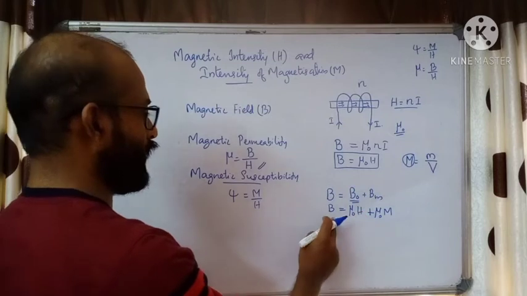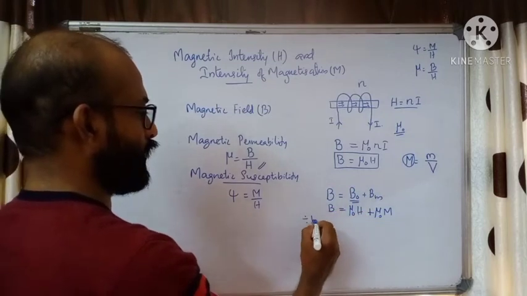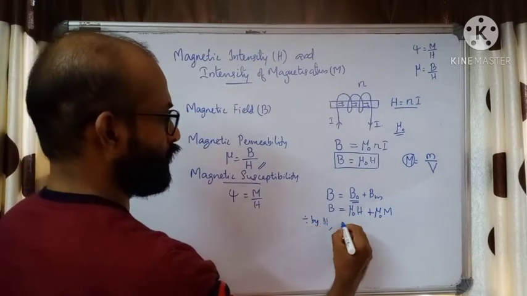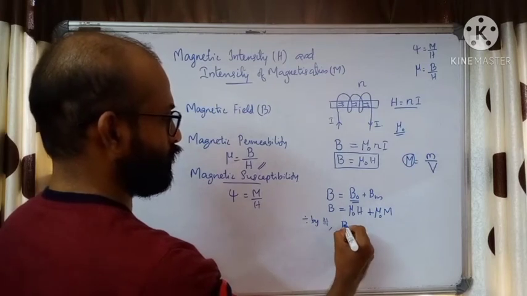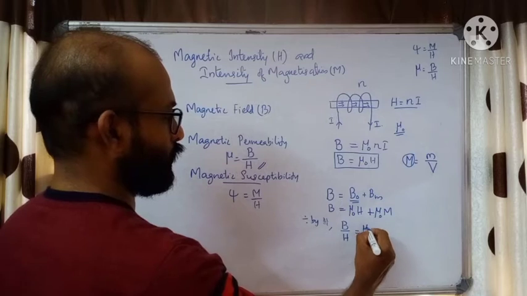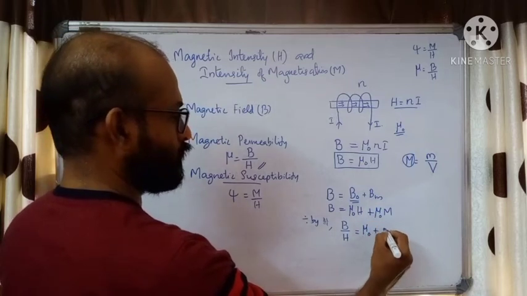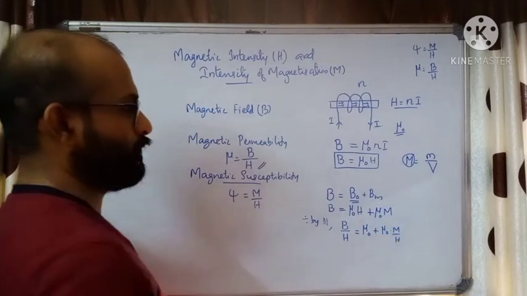Throughout, we divide by H. Dividing by H, what will you get? On the left side is B by H. B by H is equal to mu 0, since H by H is 1, plus mu 0 into M by H.